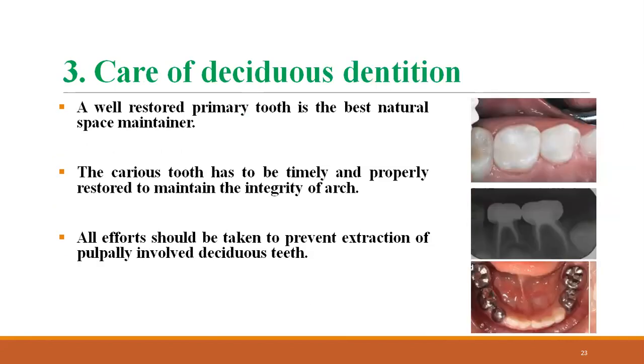Care of deciduous dentition. We know that a well restored primary tooth is the best natural space maintainer. So the carious tooth has to be timely and properly restored to maintain the integrity of the arch. Also, all efforts should be taken to prevent extraction of pulpally involved deciduous teeth.